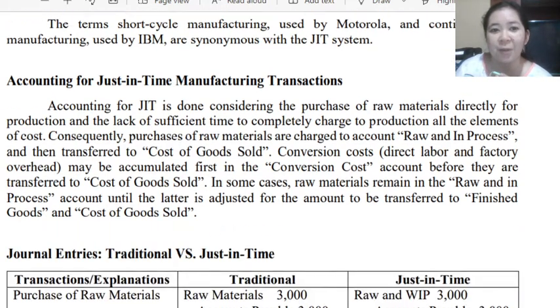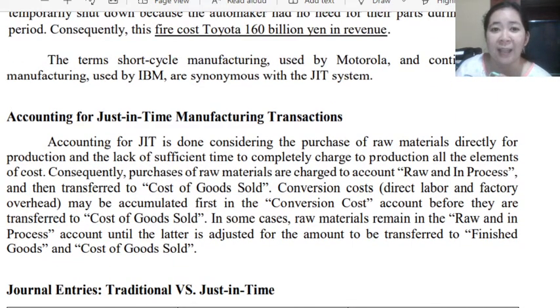Okay, so how do we account for just-in-time manufacturing transactions? Here, accounting for JIT is done considering the purchase of raw materials directly for production. Meaning, once they purchase it, it will immediately be placed in production. And the lack of sufficient time to completely charge to production are all the elements of cost.